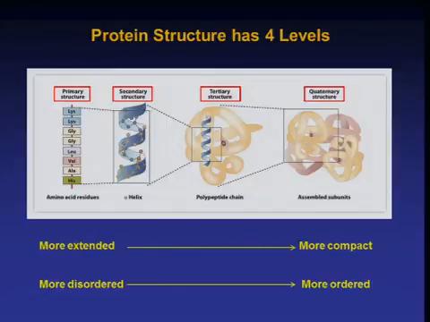Now you're getting a three-dimensional structure that comes about by folding of all of these secondary units. The hydrophobic effect is going to contribute, burying things to the inside, along with hydrogen bonds. And then when you have multiple subunits coming together, that is quaternary. So when you look from left to right, you're going from something that's more extended to more compact, more disordered to more ordered.